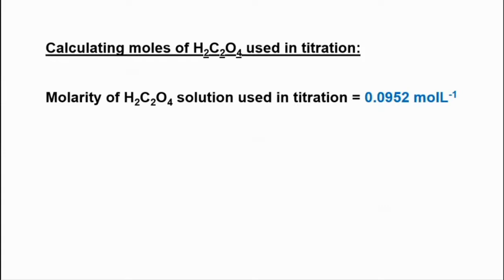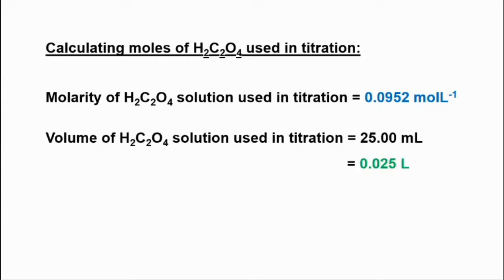How many mL of this oxalic acid did we use in this titration? Remember, you pipetted 25 mL of this solution into the conical flask. So the volume of oxalic acid solution used was 0.025 liters.